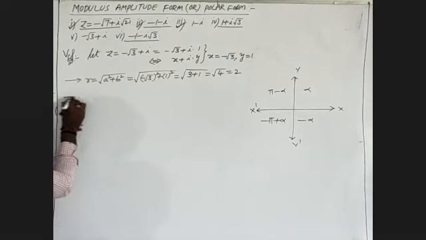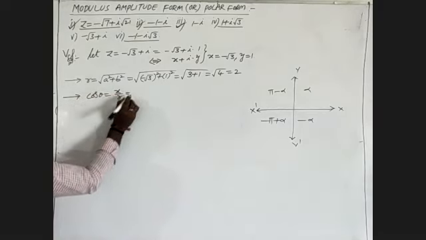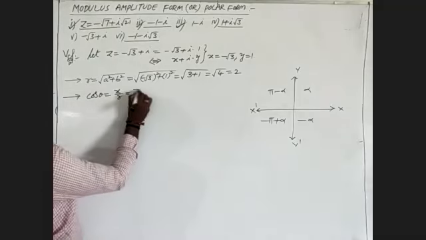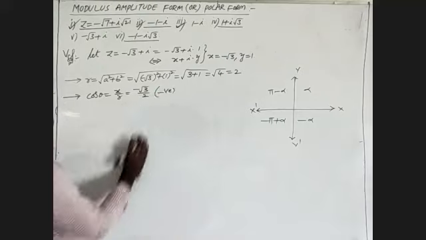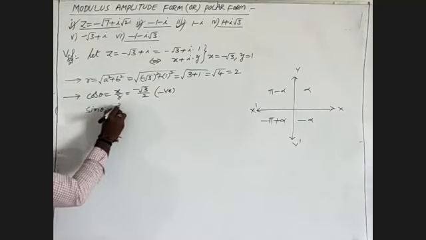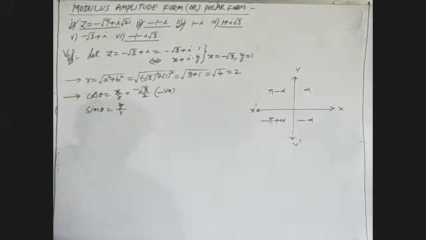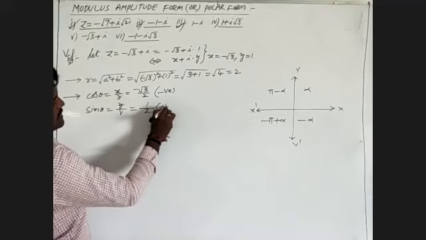After that we'll find out cos theta, where cos theta is nothing but x by r, where x is minus root 3, r is 2, cos theta is negative. After that we'll write sin theta, where sin theta is nothing but y by r, where y is 1, r is 2, sin theta is positive.